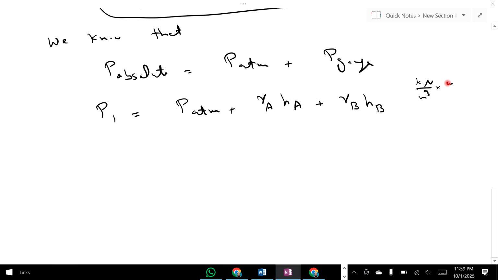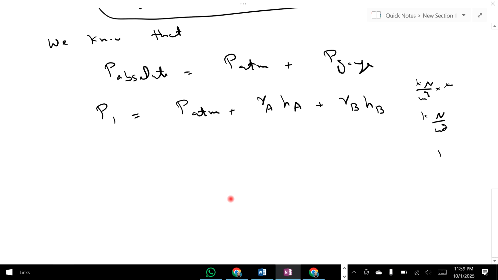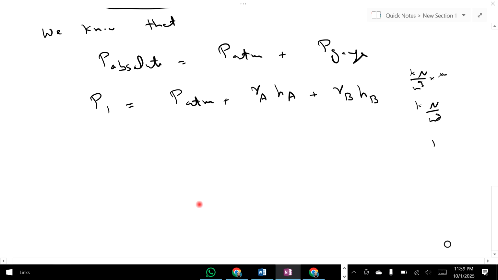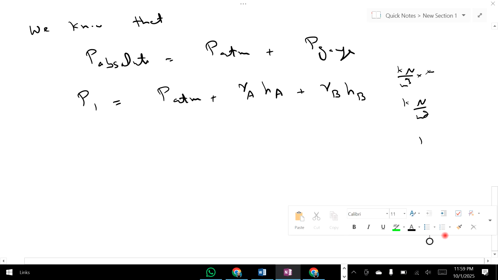So 1 meter will be cancelled with 1 meter. So this will be kilonewton per square meter, which is the unit of pressure. And Newton per square meter is equal to Pascal. So this is equal to kilopascal.